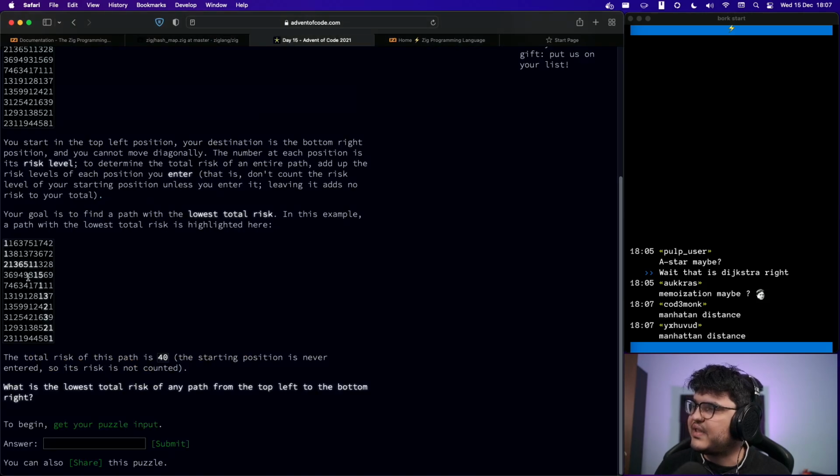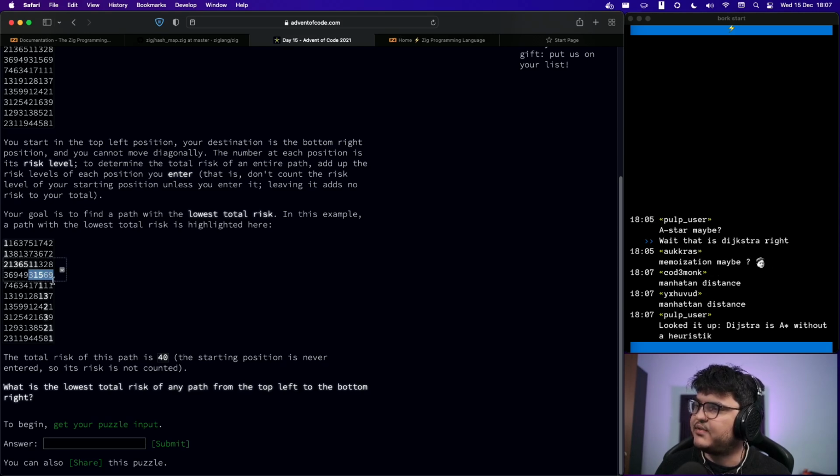So you can use that, but in this case, it's not great. Oh, but you know what? Instead of doing Manhattan distance, I could do basically the weights on the Manhattan distance, and that's gonna be surely an overestimation. It's not going to be an underestimation. I think it's fine. I don't remember though.